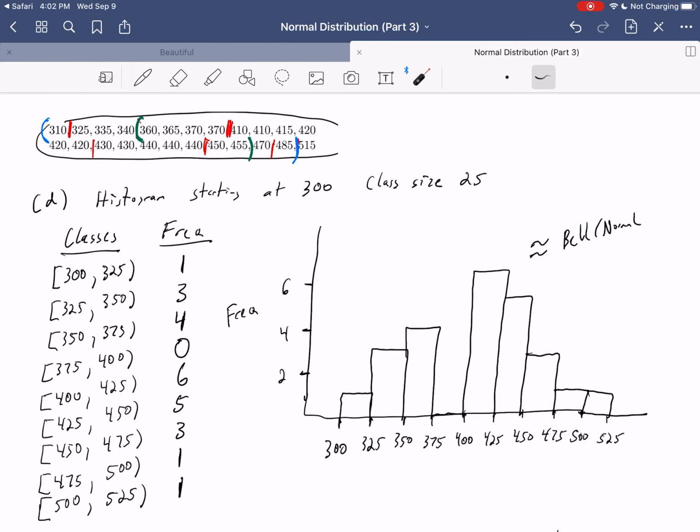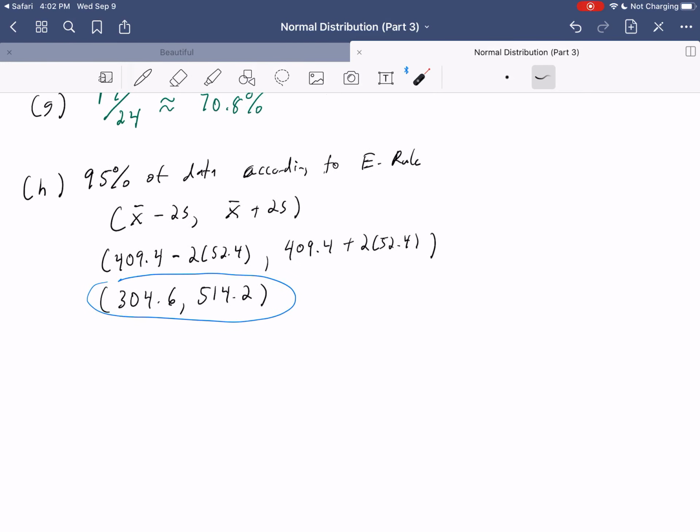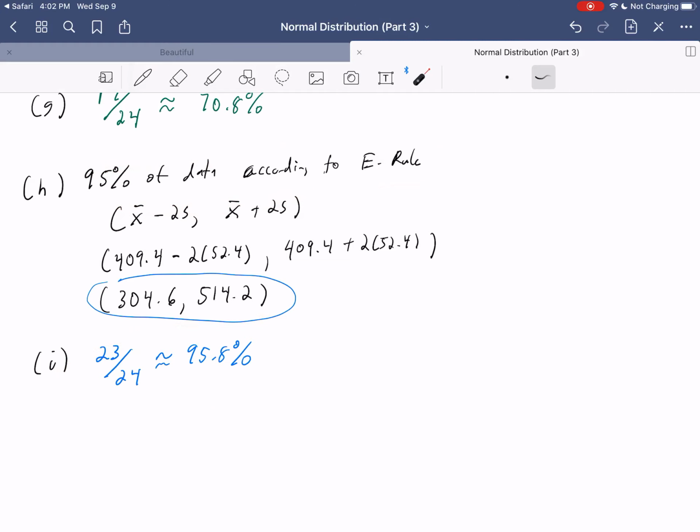So that means that that is going to catch everything except for that one data point. So in terms of the actual percentage here, we would say that that's 23 out of 24. And 23 divided by 24 comes out as about 95.8%. So what should have been 95% of the data actually turned out to be 95.8%.